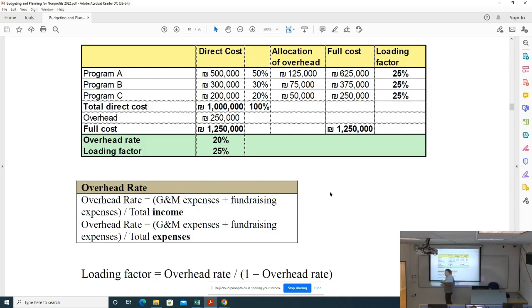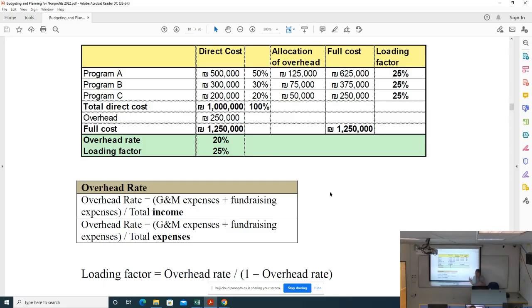So in general, if we look at our direct cost and we add to it overhead, which is X% of this direct cost, then this X% will be exactly the loading factor of each one of the programs. Okay, this is simple algebra, but we don't have to get into any proof. I trust that you will believe me in that, but if not, then you can try to prove it yourself.